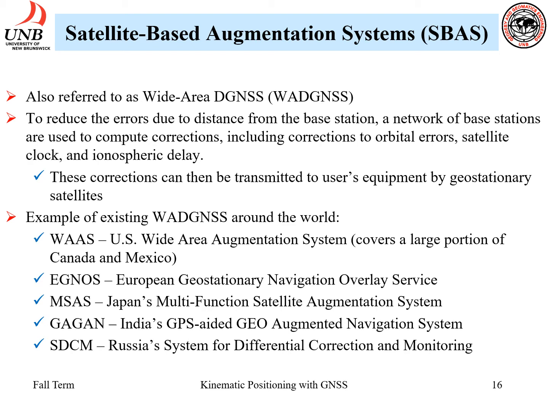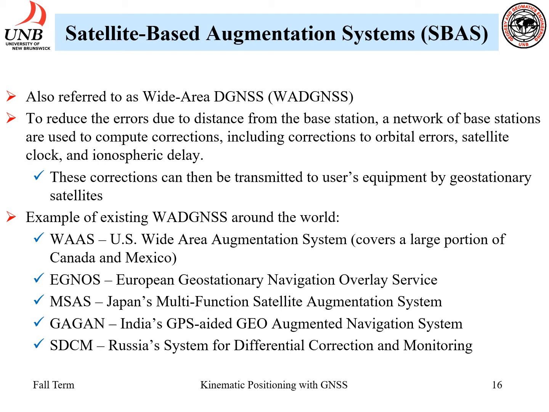And there are a few examples of existing WADGNSS, this SBAS, around the world. We have the WAAS system, which is the SBAS in the US, known as the Wide Area Augmentation System, which covers the continental US plus Canada and Mexico. We have EGNOS, which is the European Geostationary Navigation Overlay Service, which obviously serves Europe.